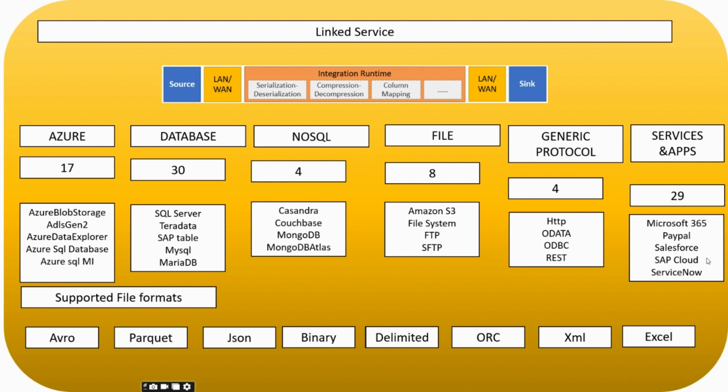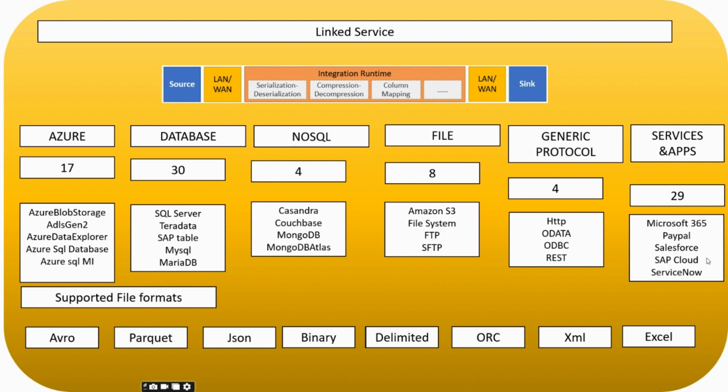we need to be a little careful about before creating a linked service, or before deciding to go for any linked service. We should know this. We should be very careful whether this source is supported in ADF, whether I can connect to these sources. These things we should decide before creating a pipeline or before creating anything.